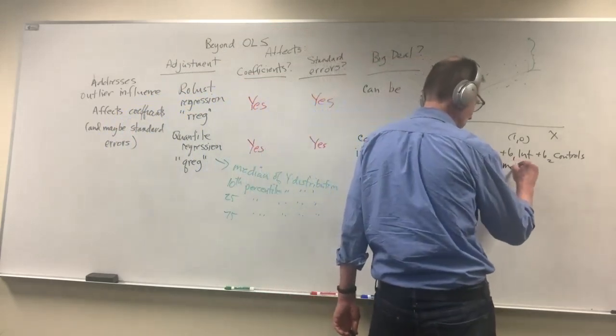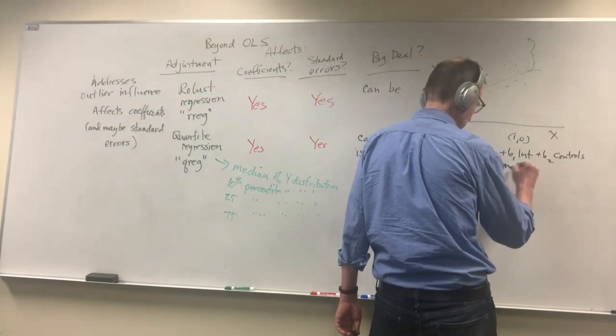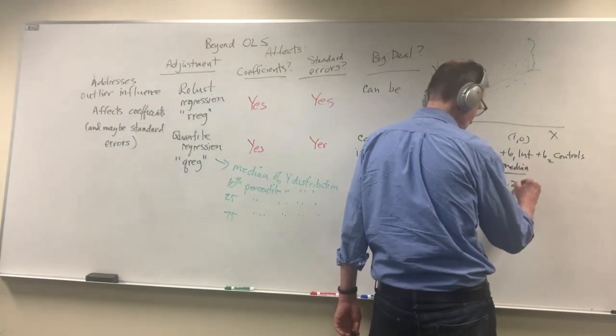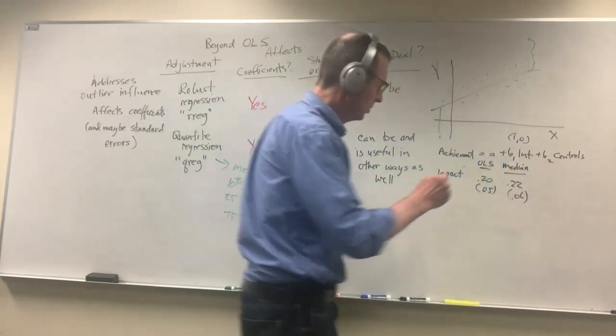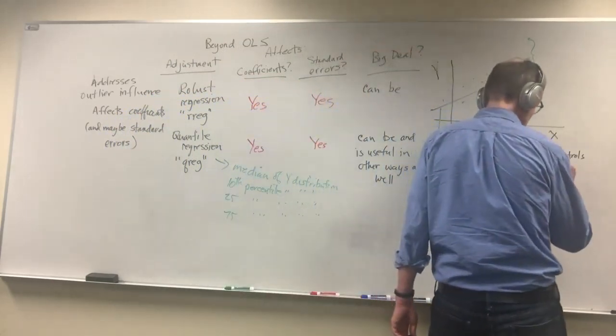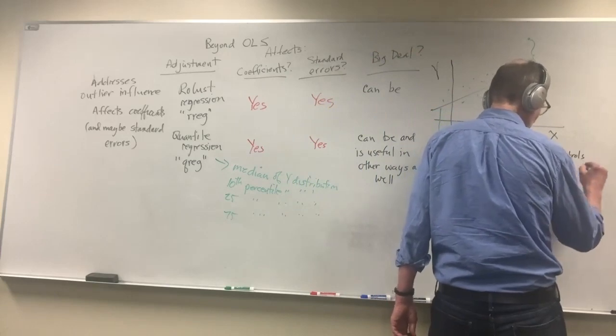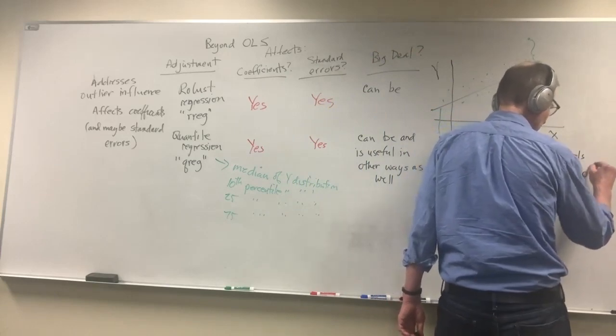The median might be similar, 0.22, 0.06, something like that. But then you can march along and say, well, what about the 10th percentile? What about the 90th percentile?